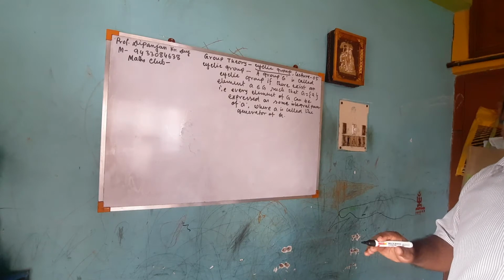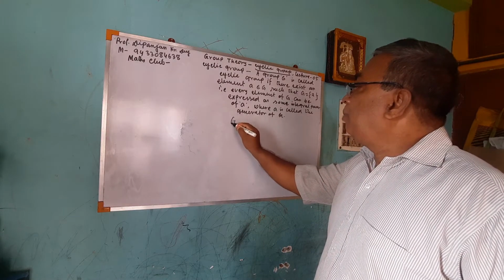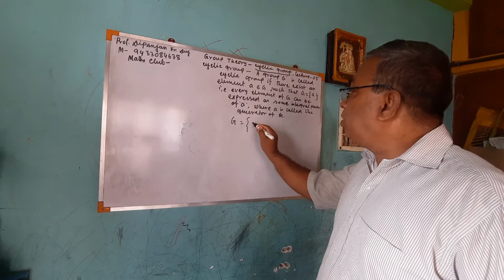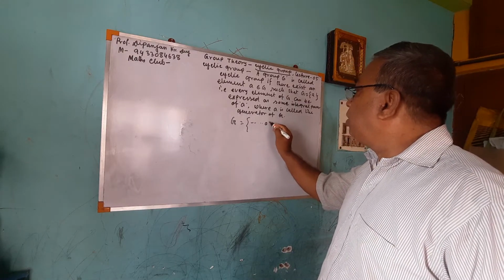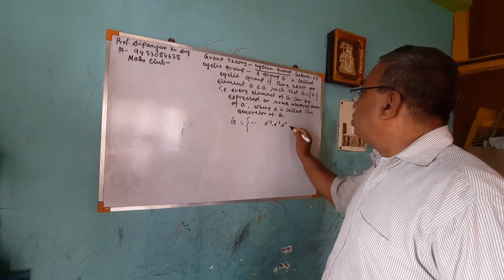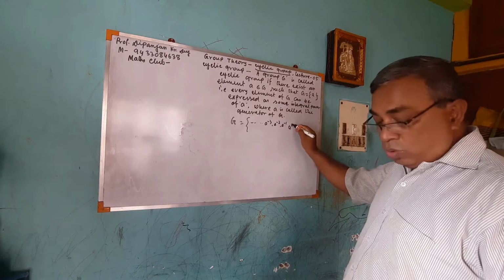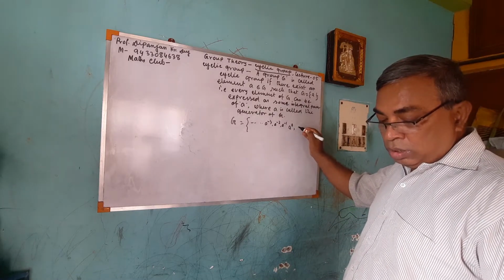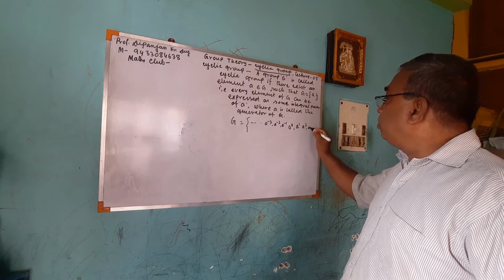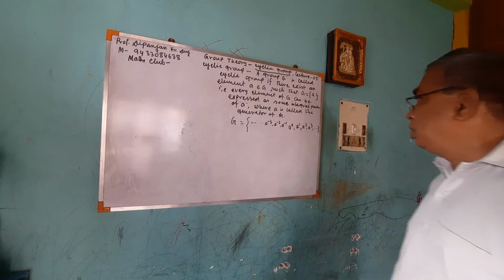Suppose G equals the set a to the power minus 3, a to the power minus 2, a to the power minus 1, a to the power 0, then a to the power 1, a to the power 2, a to the power 3, and so on.